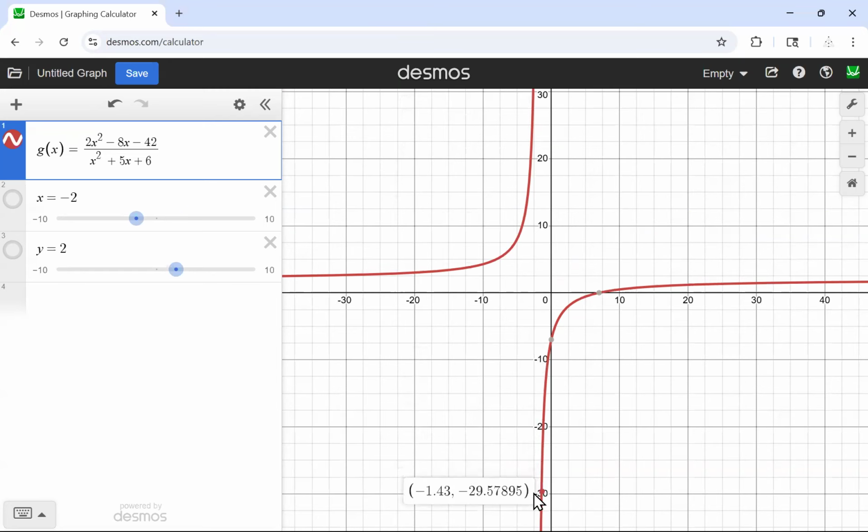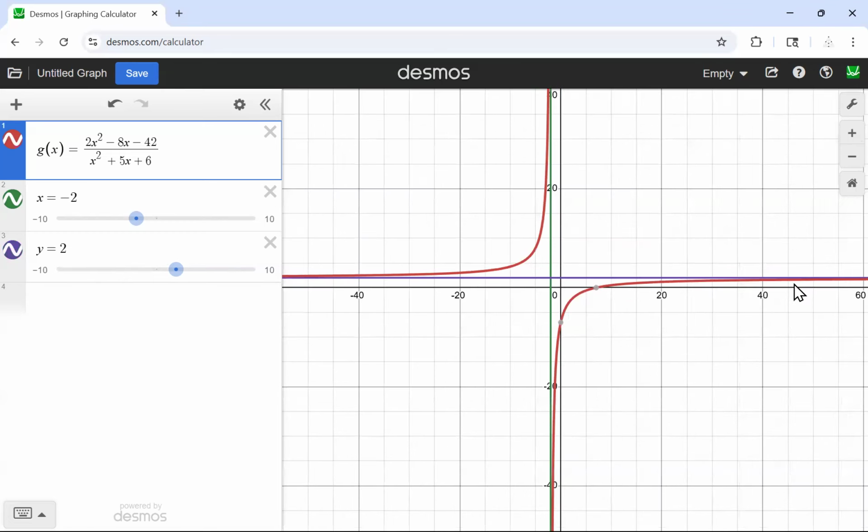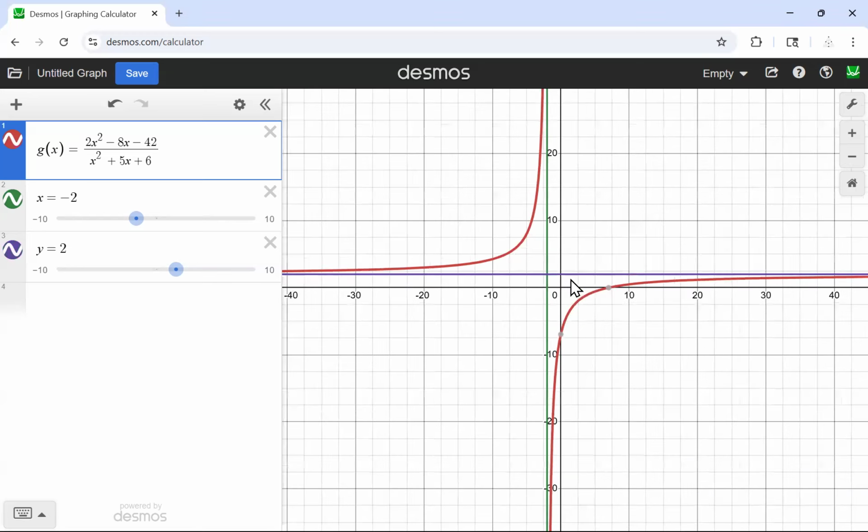Again, you could have checked that if you'd like. But x is equal to -2, that's the vertical asymptote. And y is equal to +2 is the horizontal asymptote. And we get that. So we're getting this situation here.